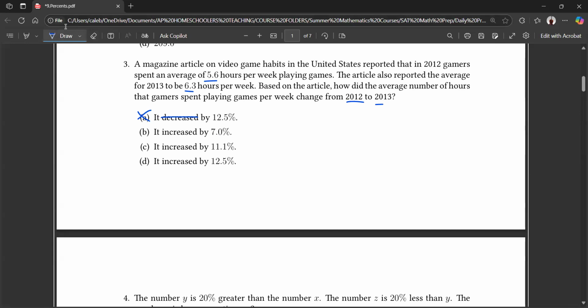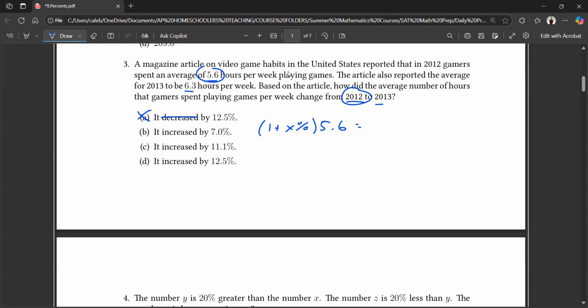So let's think back to what this wording meant. Well, to increase by a certain percent meant to take 1 plus whatever that percentage was, multiplied by my starting amount. In this case, the starting amount is in 2012, okay? So the 2012 number is 5.6. So that's the number we're interested in.